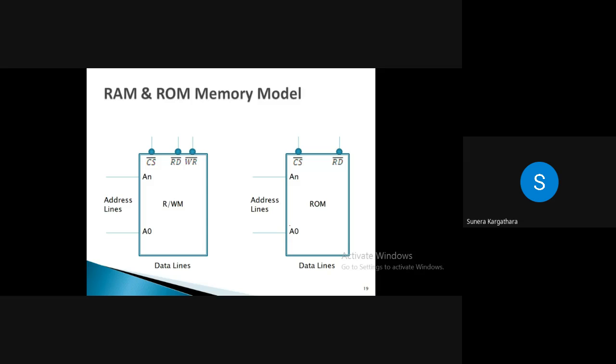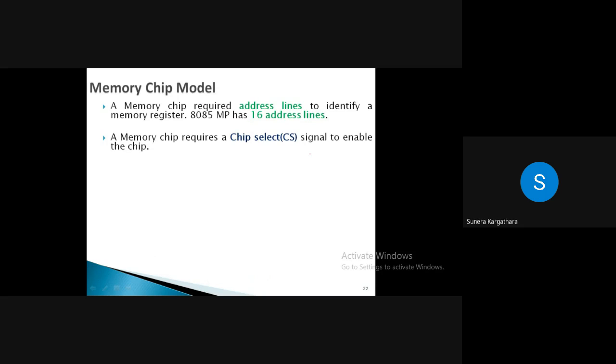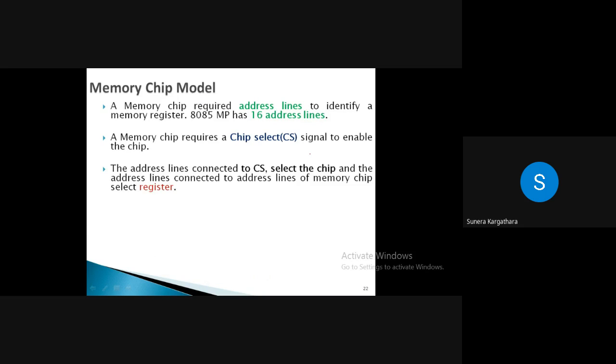In the same way, all the signals that we checked for RAM, the same signals we need for ROM. Only write bar will not be there. You cannot write, the programmer cannot write anything onto the ROM, right? So only that you need to change.